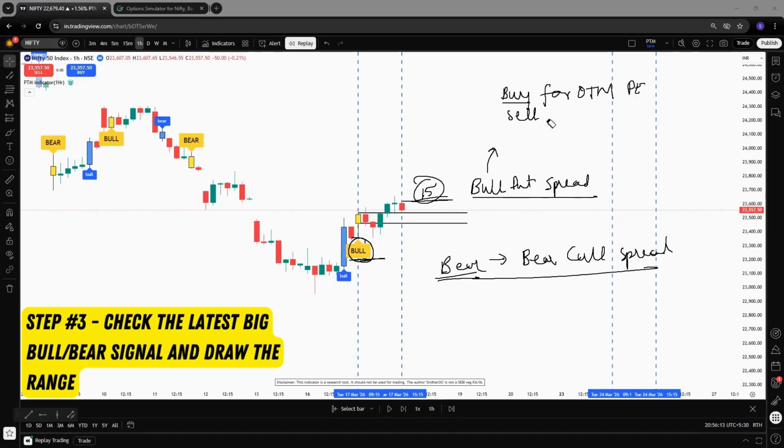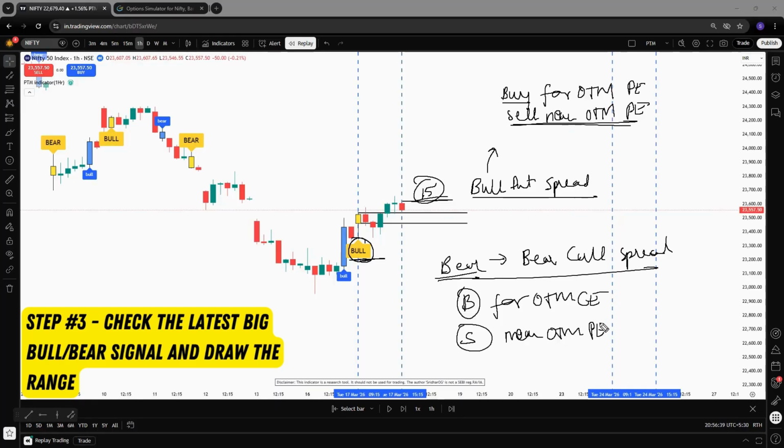I'll tell you how to do strike selection and all that. We know how to do this. Exact same opposite for the bear call spread: we buy a far OTM call option, and you short a near OTM call option. Sorry, call option. My bad.